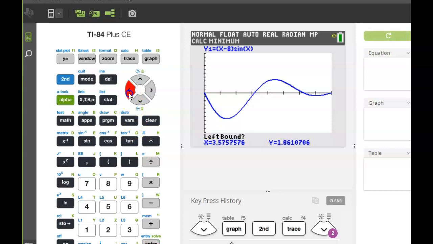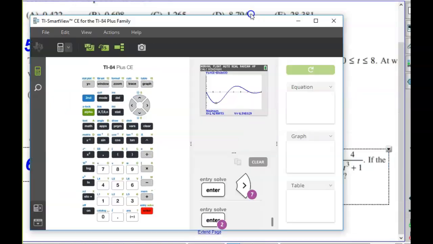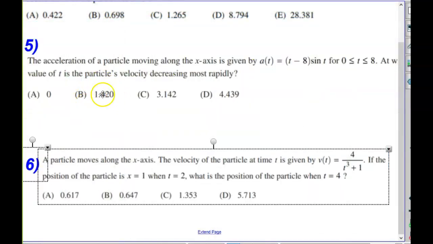And then you just want to find that lowest, when is it decreasing the most? It's the lowest value. So I'll do a left bound, right bound. And 1.4199, so that should round to 1.412, which is B.